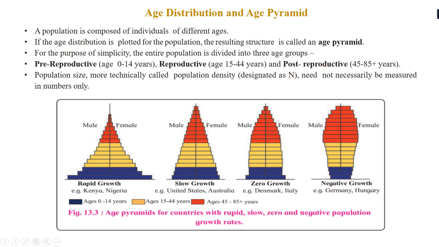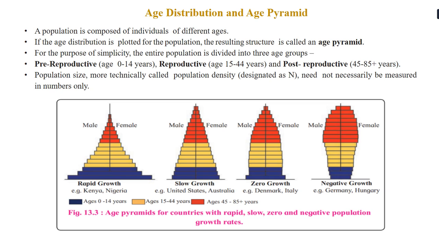Now, for the purpose of simplicity, the entire population is divided into 3 age groups. The first one is the pre-reproductive age group, that is the age group between 0 to 14 years. This is the age group when an individual is incapable of reproducing.